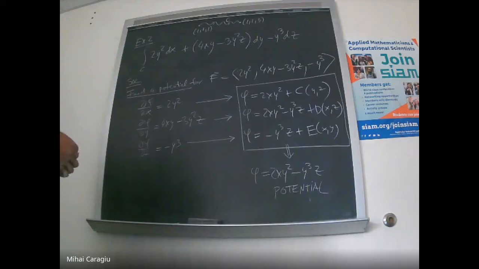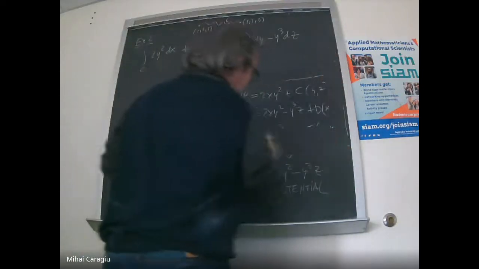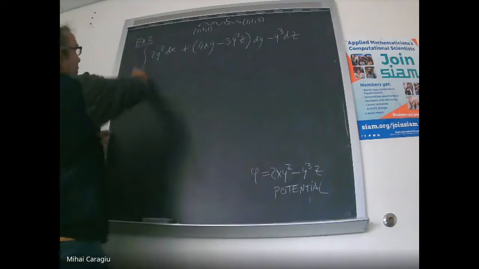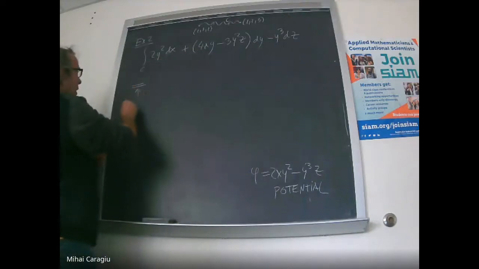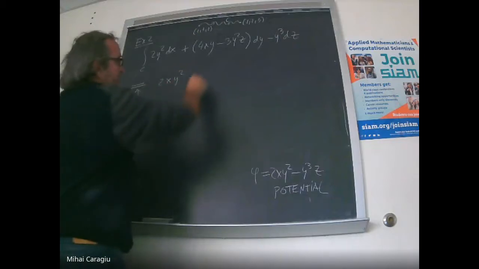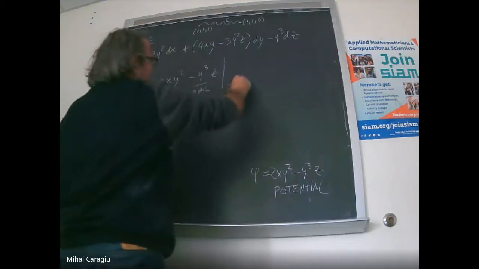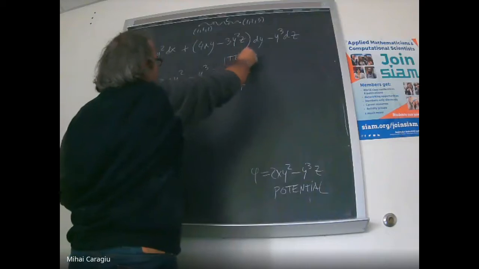Okay, so let's apply the FTC 3 theorem. Now that we got the potential, we are ready to apply FTC 3. This being the potential, we continue. This line integral equals, according to FTC 3, the potential, which is 2xy squared minus y cubed z, between the initial point of the curve and the terminal point of the curve.